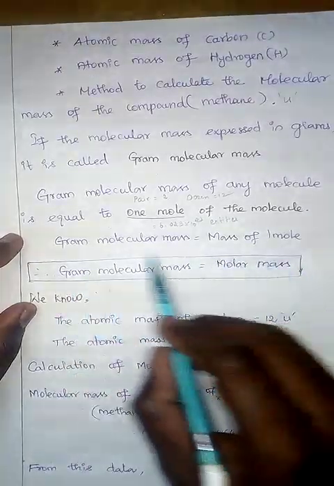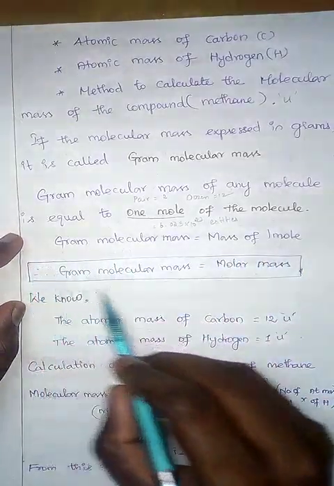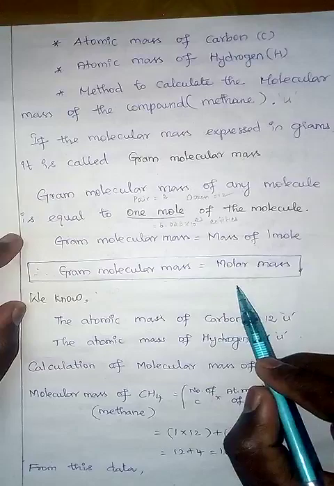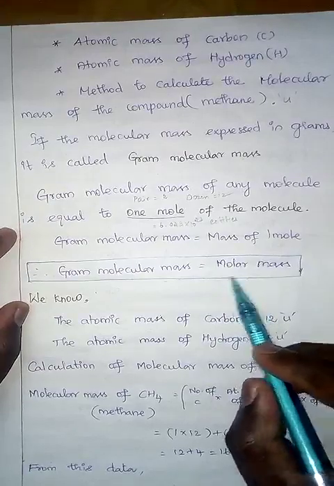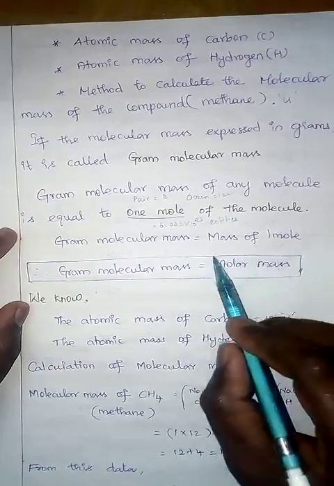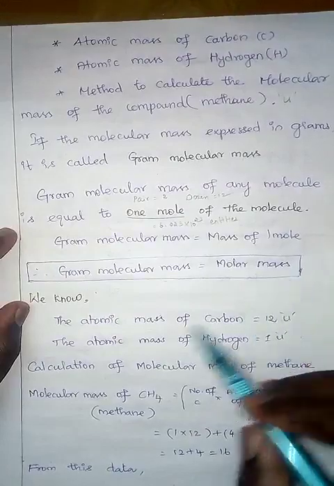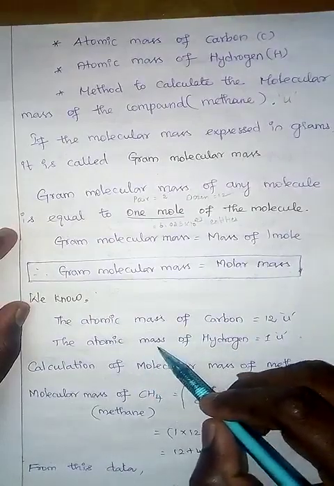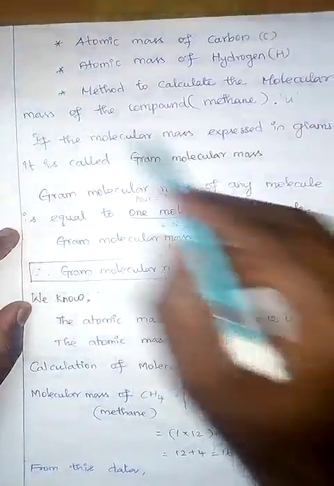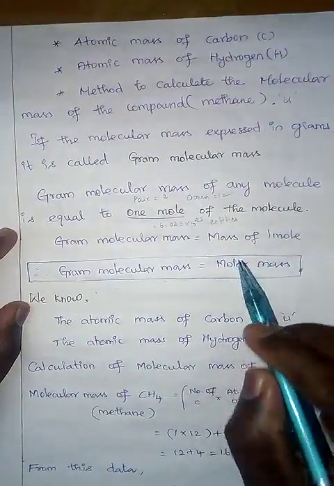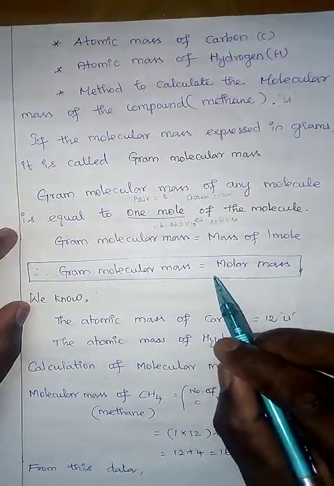So this point also we have to clearly know. Got it? Why do I need to say this? Sometimes to calculate the percentage, they either use molecular mass or molar mass, but you should be very thorough with this.